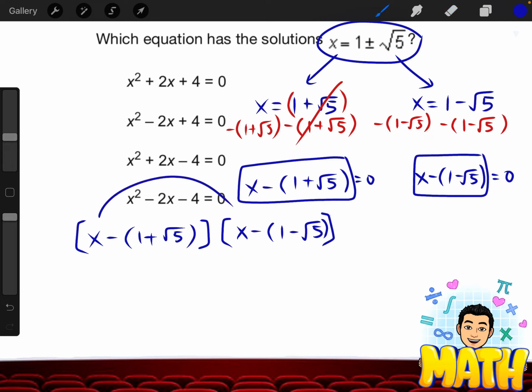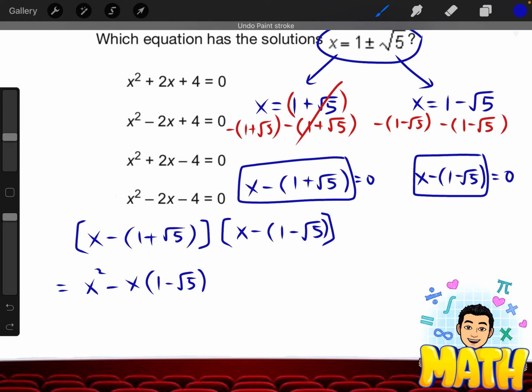So x times x, that's going to equal x squared. So x times the negative (1 minus rad5), that's going to be negative x times (1 minus rad5). And then I'm going to multiply the negative parentheses times x.